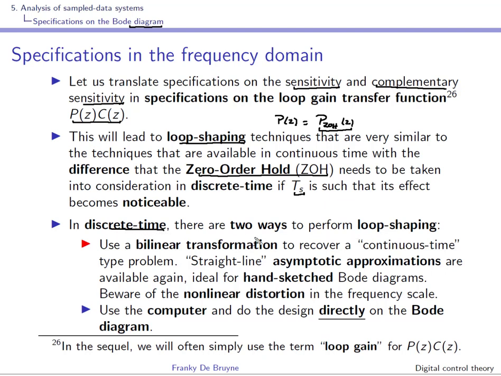In practice, we'll only use the second one, because the first one involves a bilinear transformation to recover a kind of continuous time type of problem, and we have skipped this in the previous sections. This is how it was done in the old days, but nowadays, of course, we can use the computer and do the design directly on the Bode diagram that is generated, for instance, by Matlab.